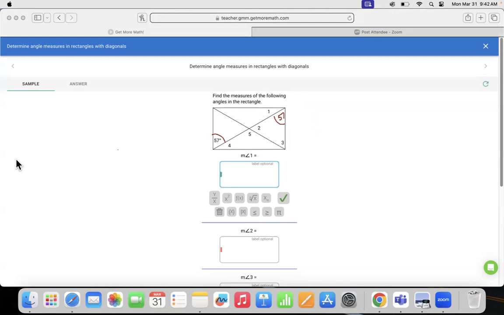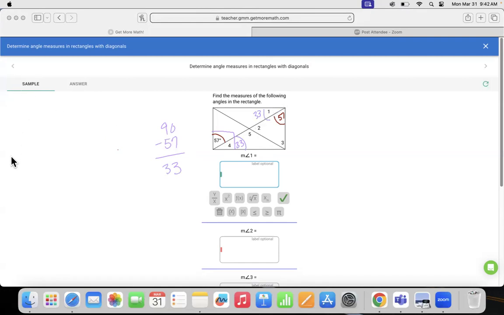And then I also know that this is a rectangle, which means these add up to 90 degrees. So we're going to do 90 minus 57 is 33. So that means 4 is 33 degrees. And then that is an alternate interior angle here. So that's also 33 degrees.